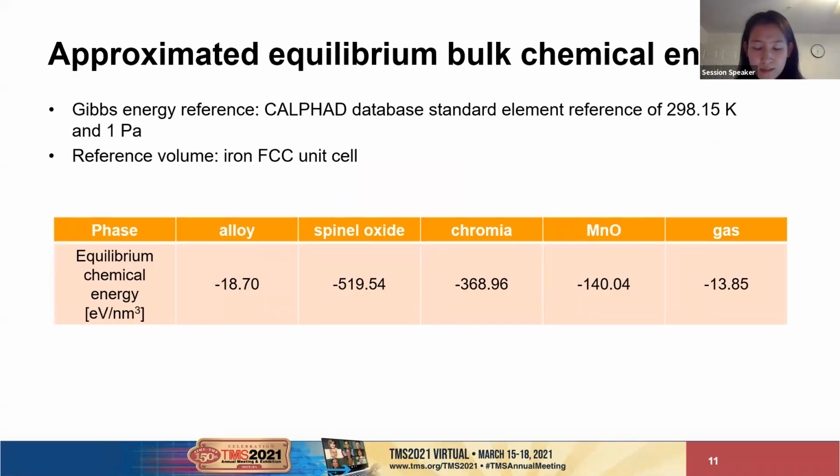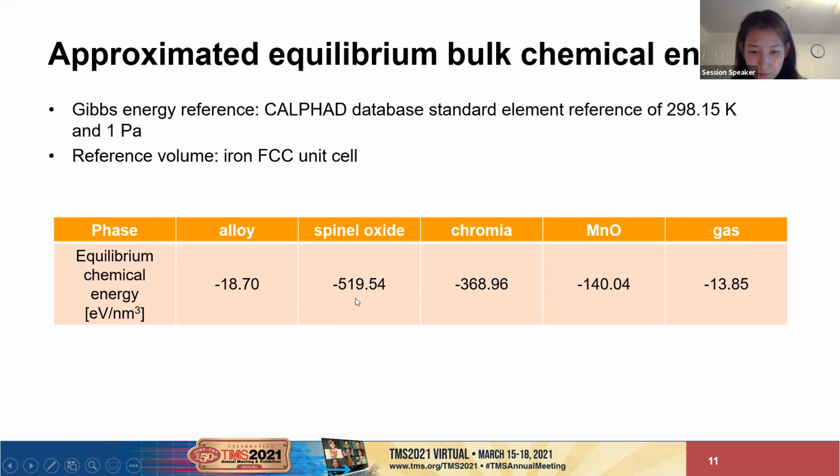And when we look at the equilibrium chemical energies of all the phases, we can explain how that trend happens, especially if we look at the chemical energy of the three oxide phases.